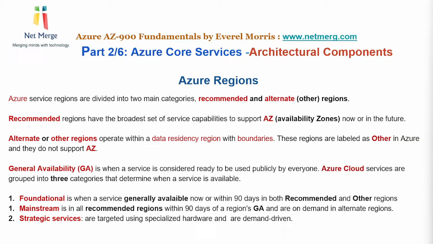Mainstream services are in all recommended regions in the same time period, but they are on demand in the alternate regions, so they're not available in both regions, as is the case with foundational. Strategic services are not available in any of the regions by default. They're only available on demand, and they use special hardware in those regions. So those are the different types of regions. I want you to understand them.